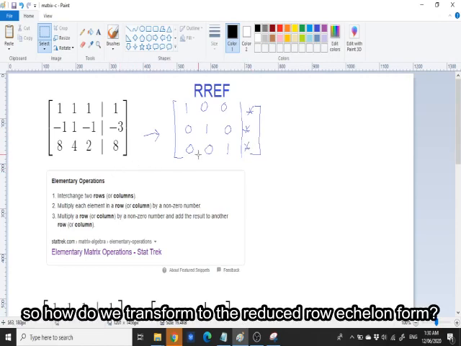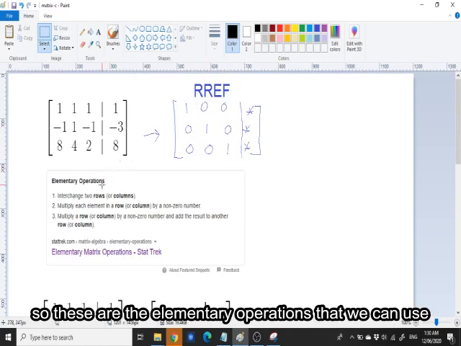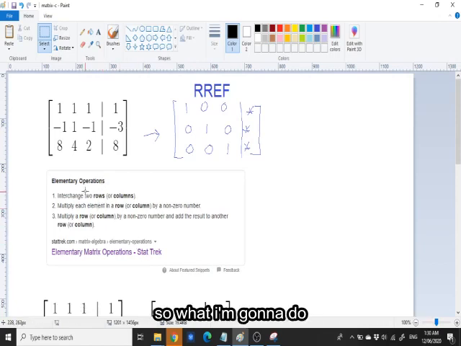So how do we transform it to the reduced row echelon form? These are the elementary operations that you can use. I'm going to do row operations. What are we allowed to do? First, you can interchange two rows, for example the first row and the second row. Switch or swap. Second, you can multiply each element in a row by a non-zero number.